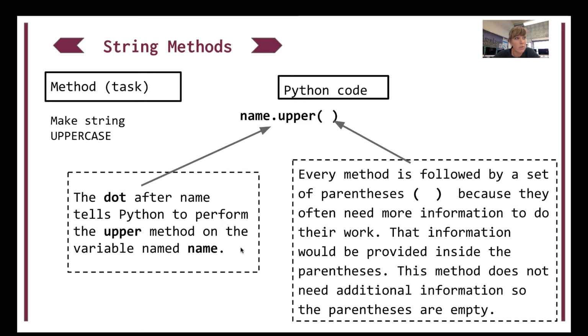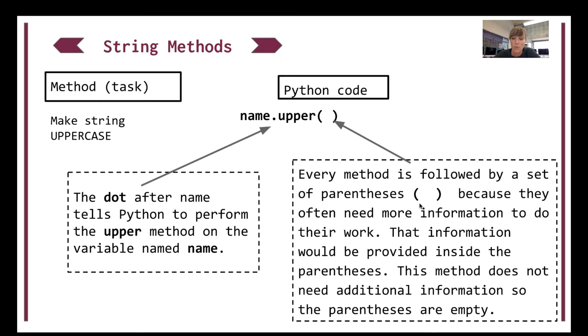So if my variable was called my_name, I would say my_name.upper, and every method is followed by a set of parentheses. A method is like a specific function. I can only use upper on things that are strings. I can't use it on things that are numbers, for instance.